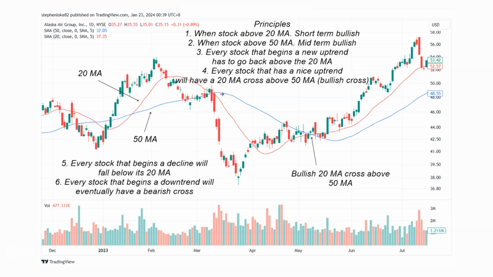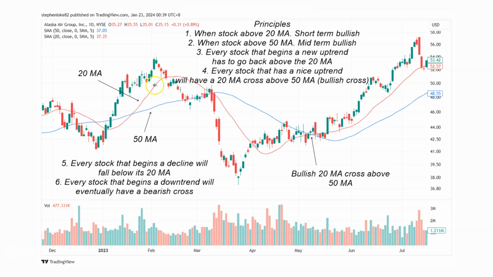Now we are primarily dealing with daily charts. Okay, this is the stock chart of Alaska Air Group Incorporation. 1D means 1 day, and each Japanese candlestick trading bar represents 1 day of trading activity.